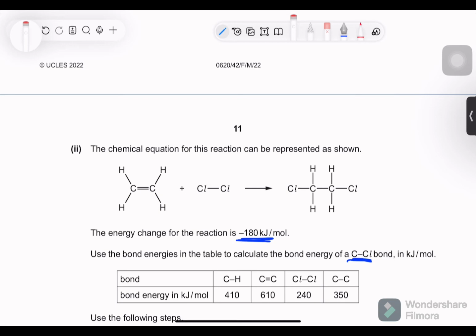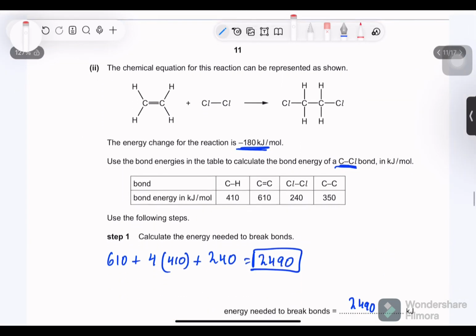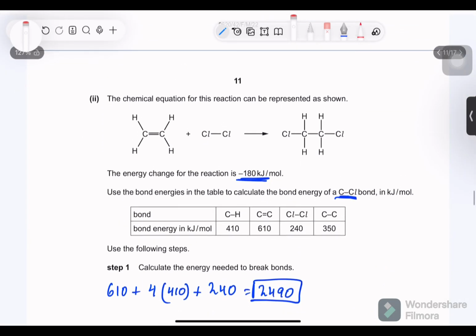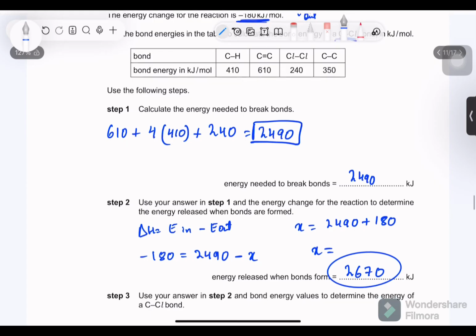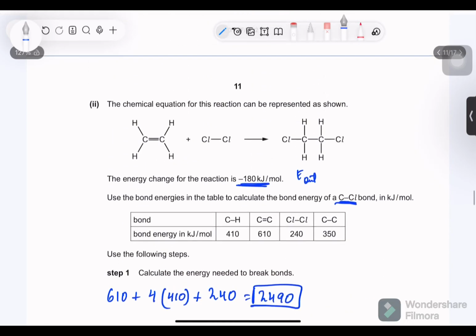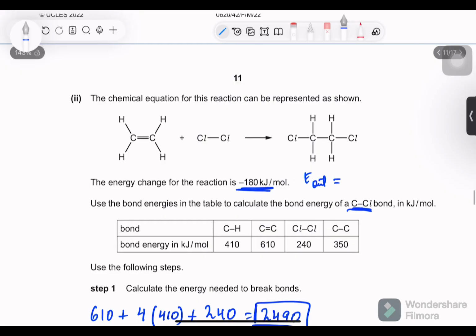So from this we can calculate the energy of a carbon chlorine bond. What we have over here is energy out, which is the X we calculated in step 2. That will be equal to the total bond energies over here in the product side. So we have four CH bonds, each 410, plus two Cl bonds.